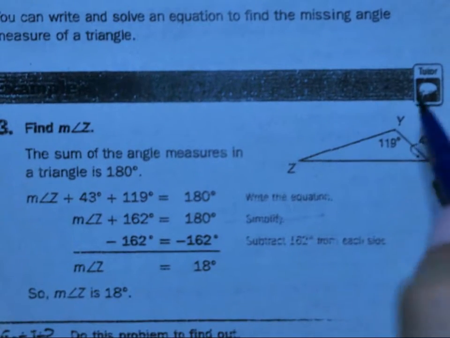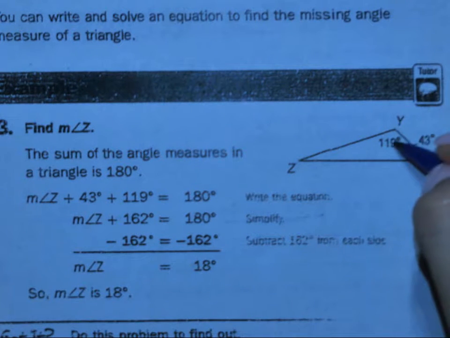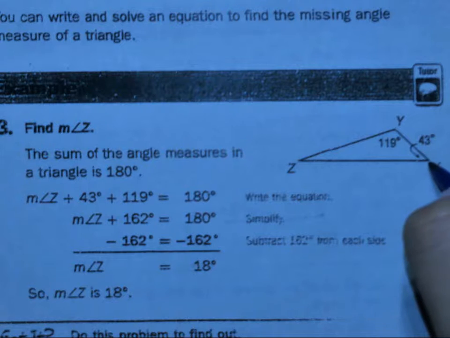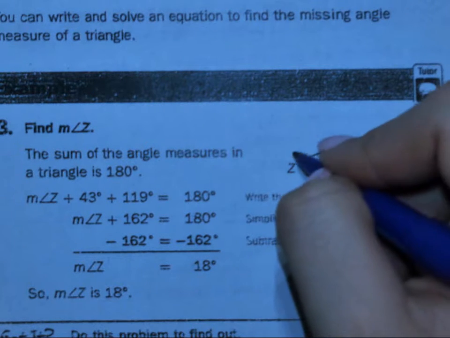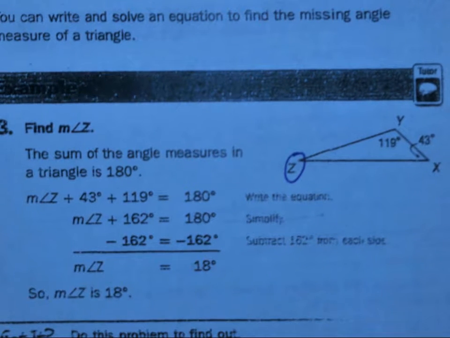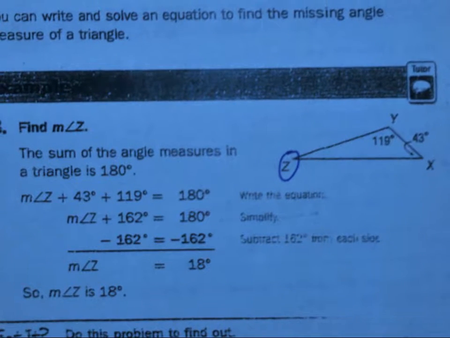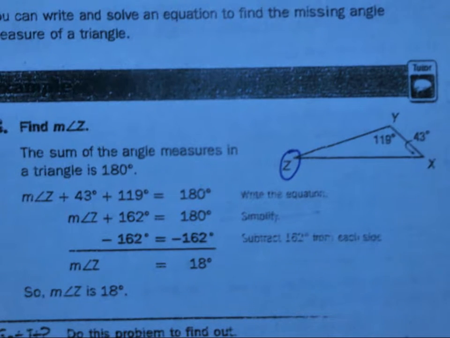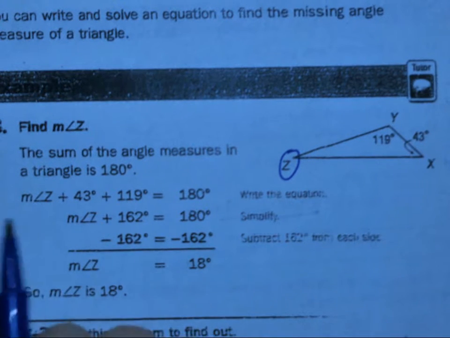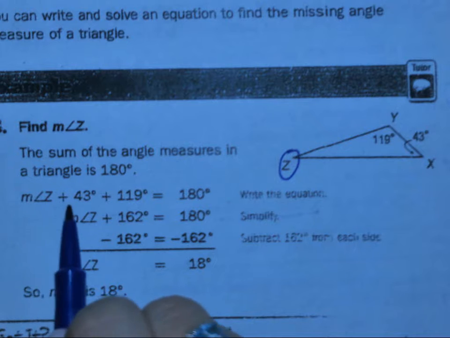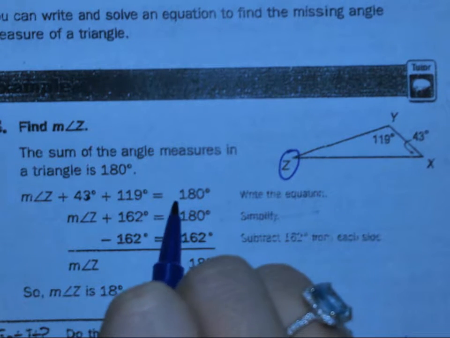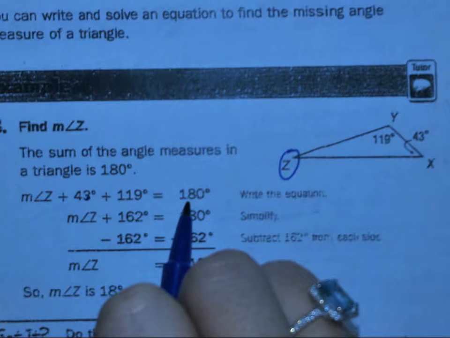So I'm given this triangle. Angle y is 119 degrees. And then angle x right here is 43 degrees. They want me to find the measure of angle z. Okay. So I automatically know that all three of those angles have to add up to give me 180 degrees. So I can say that the measure of angle z plus 43 degrees plus 119 degrees equals 180 degrees.